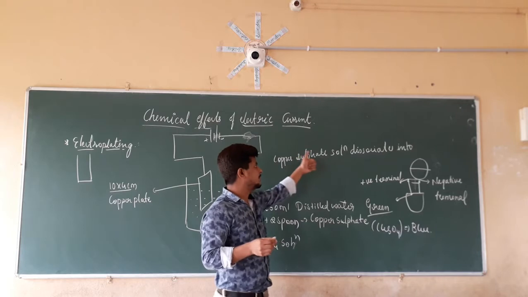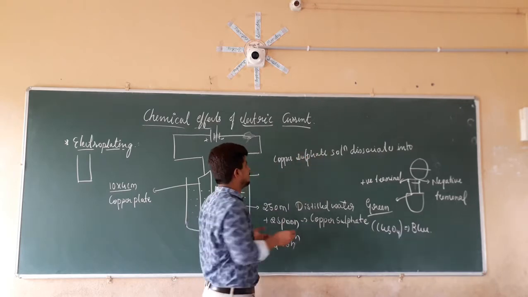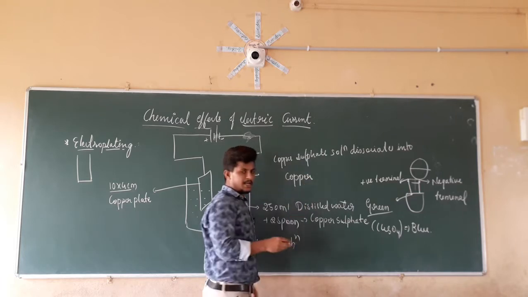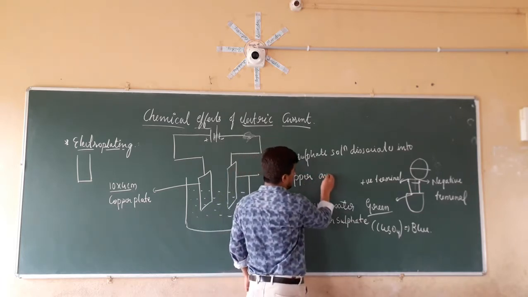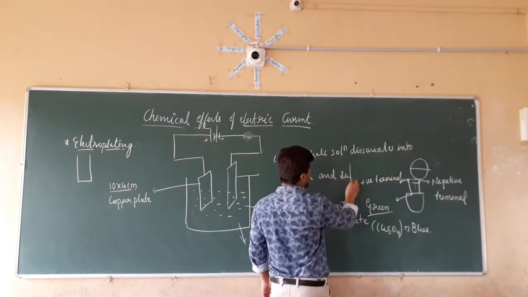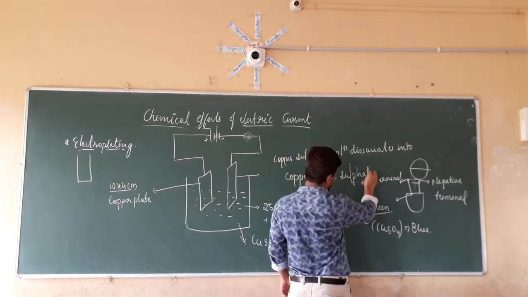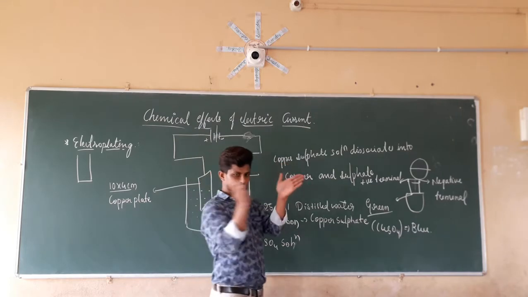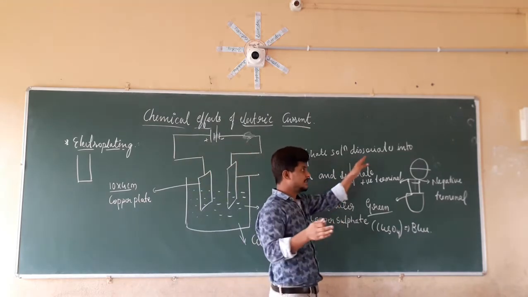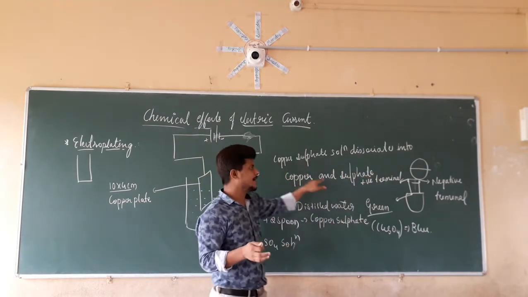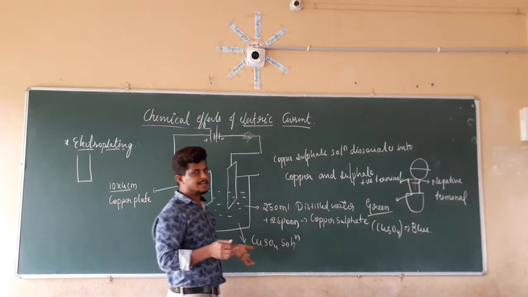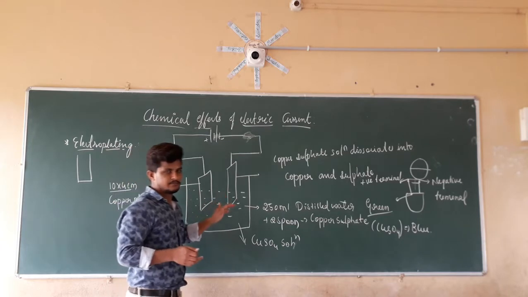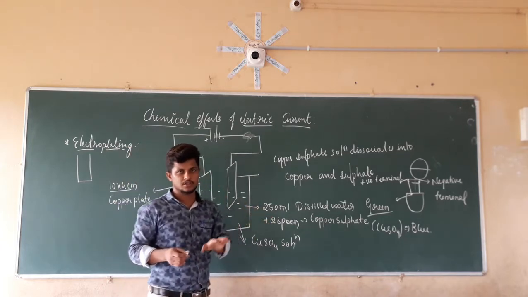That is nothing but copper sulfate solution dissociates into copper and sulfate. So the copper sulfate is dissociated into copper and sulfate when electric current passes through them.